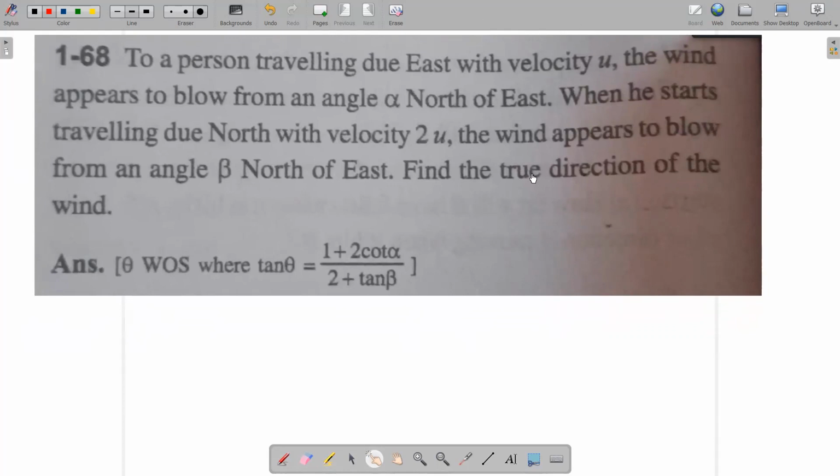To a person, no, English is incorrect. A person traveling due east, something like that, or maybe like this.